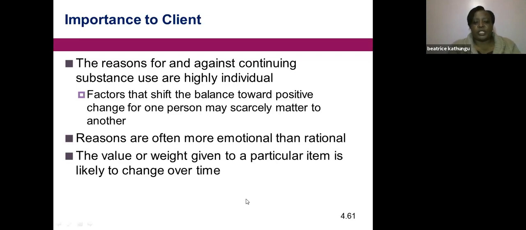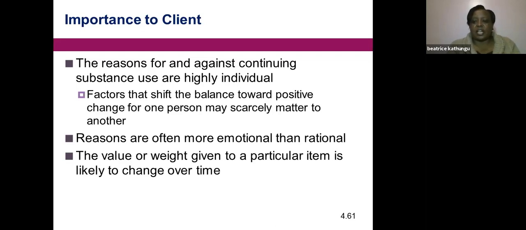The value or weight given to a particular item is likely to change over time. That's an important point. At the beginning, the client may be very stuck on, I can't stop using alcohol. I'm going to stop using cannabis, but I'm not going to stop using alcohol. And they're very convinced because alcohol gives me a chance to have fun.